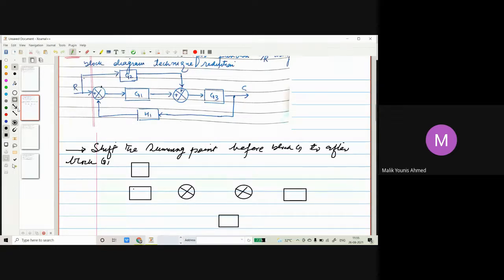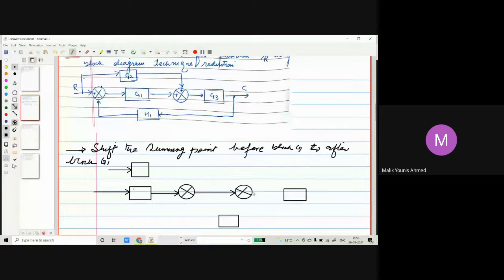Okay, so let me draw the signals. Number one signal will be like this. Number two signal will be from this. From this block there will be a signal going to the positive. Sorry, this will be going to positive signal.